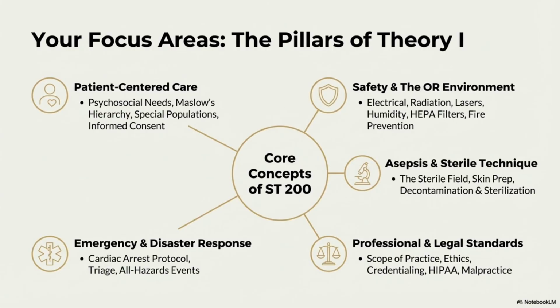The fourth is emergency and disaster response, cardiac arrest protocols, triage, all hazard events. This area tests prioritization. In crisis situations, what happens first? Who responds? What sequence protects life?